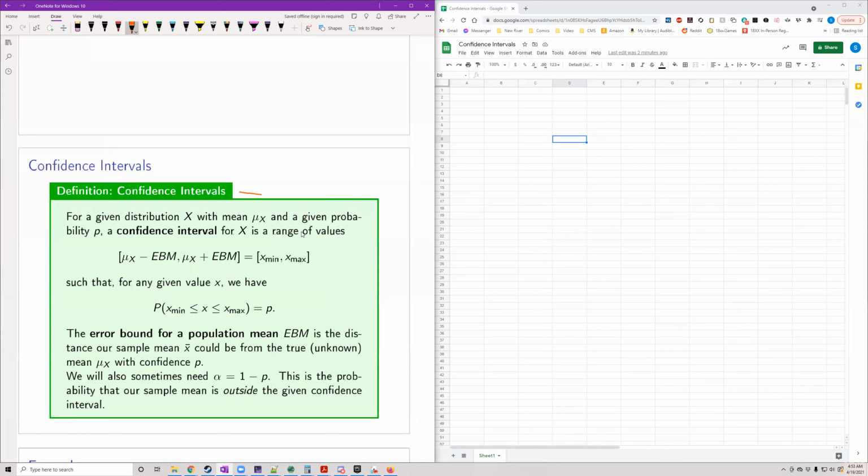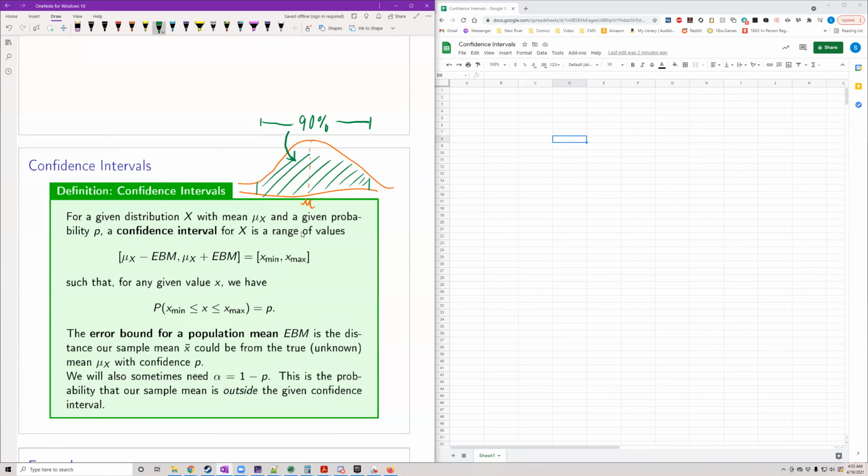So for example, if I have our normal distribution centered at the mean, I might say that I'm looking for a 90% confidence interval. So what we're looking for is 90% of the values to be in the certain range.